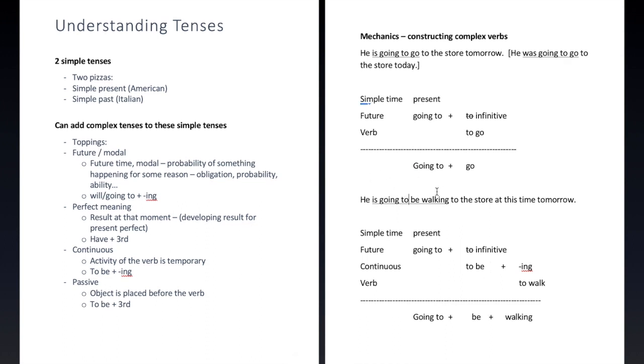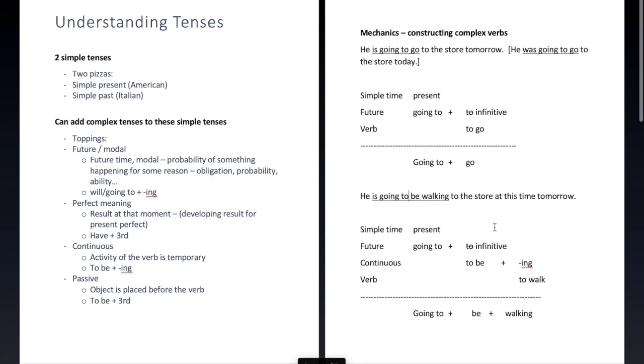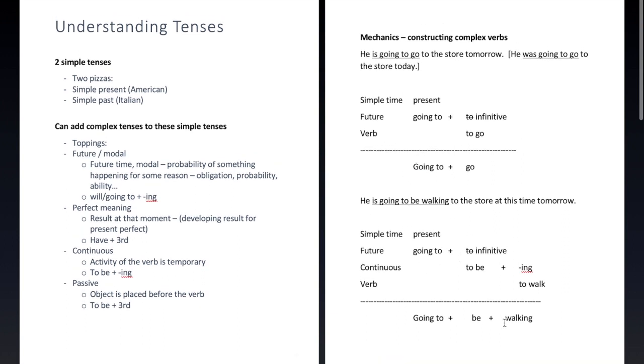Let's look at what I showed you about how the two constructions will share a verb. So if we have the going to plus infinitive without to as a future construction, and we have the to be plus ing as the continuous construction, then the word that they're sharing here is to be.